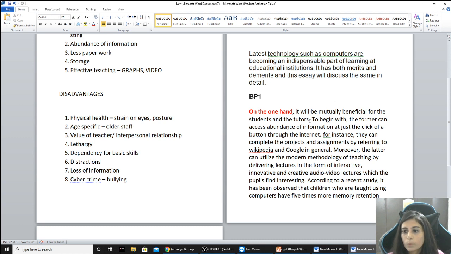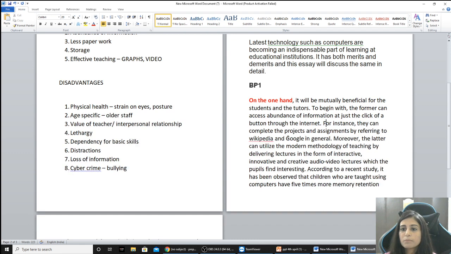Okay, to begin with, this again is a connector here. The former can access abundance of information at just the click of a button through the internet. For instance, so here F has to be capital. Okay, for instance, they can complete their projects or the projects and assignments by referring to Wikipedia.